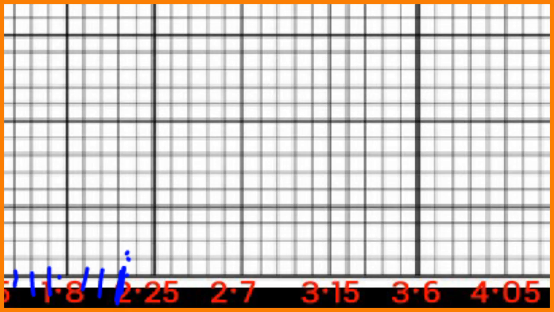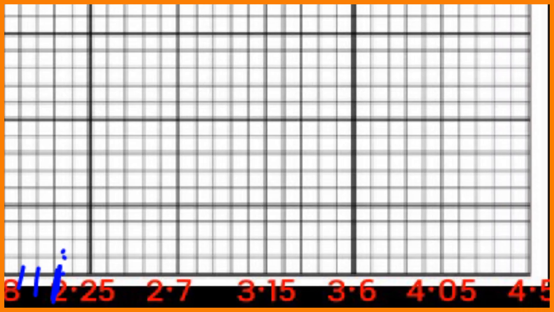Oh, so now the next one is actually 2.56. Now 2.56 should be less than 2.7, so our last time is actually 2.25. Now this one is 0.09.